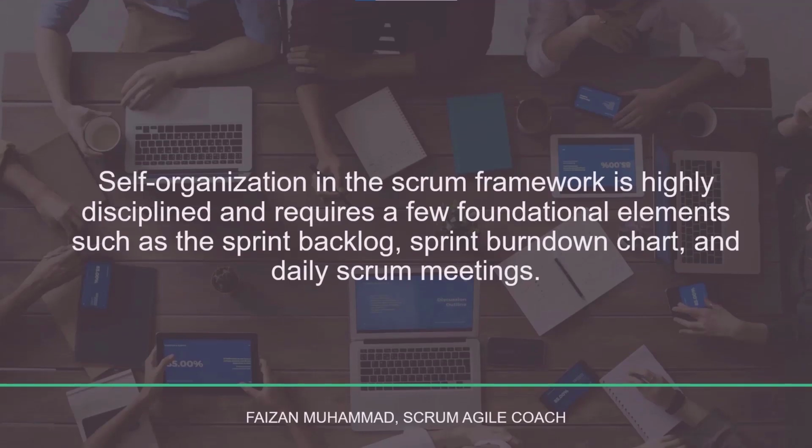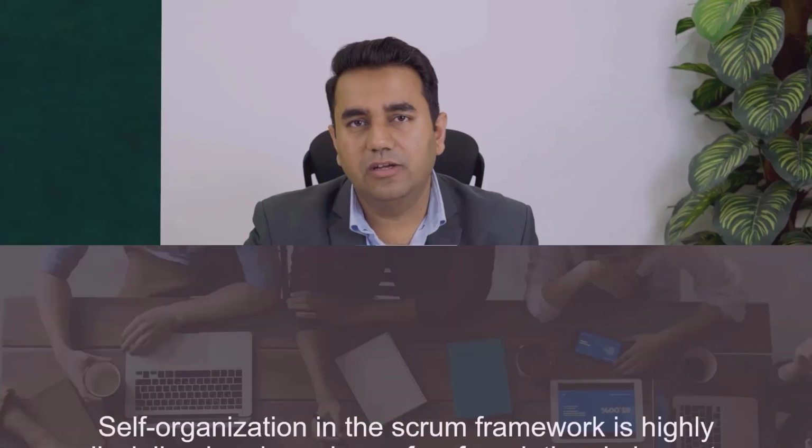Now, this self-organization in the Scrum framework is highly disciplined and requires a few foundational elements, which are, for example, the Sprint Backlog, the Sprint Burndown Chart, and Daily Scrum Meetings. These components work together to ensure that the team is continuously working towards their sprint goals.